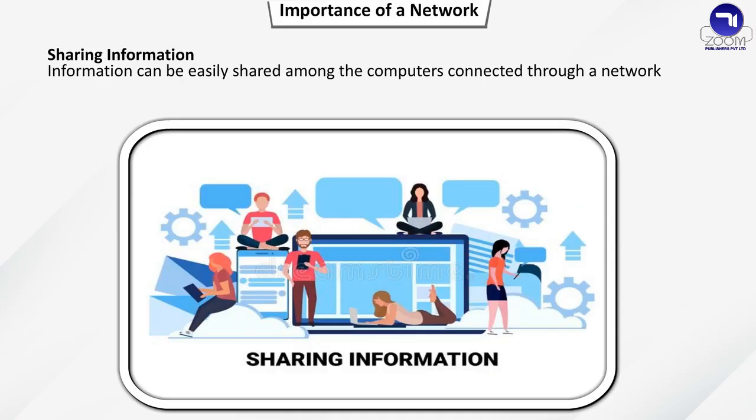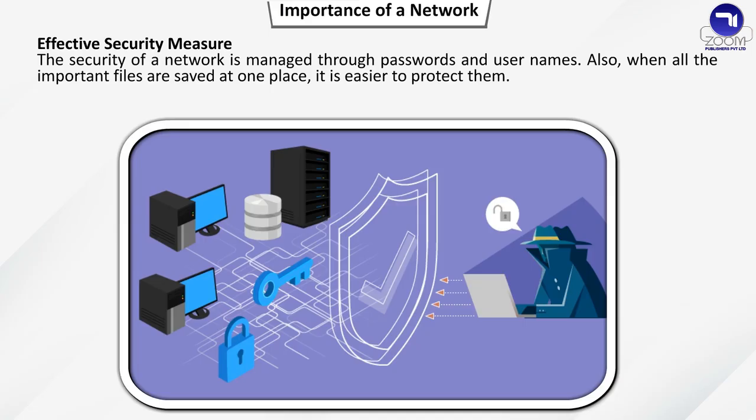Sharing information. Information can be easily shared among the computers connected through a network. Effective security measure. The security of a network is managed through passwords and usernames. Also, when all the important files are saved at one place, it is easier to protect them.